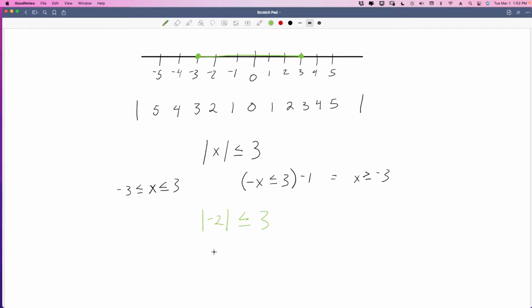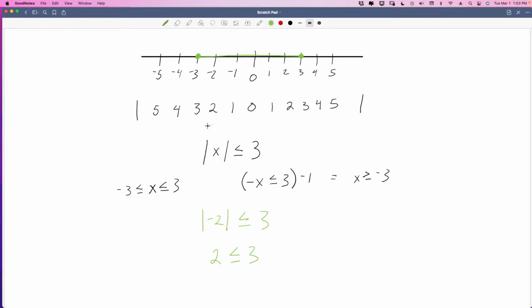The absolute value of negative 2 is a positive 2. Positive 2 is less than or equal to 3. So all of these numbers from negative 3 to positive 3 make this a true statement, because we understand that the absolute value of these are going to be positive. So we have to include them as well.